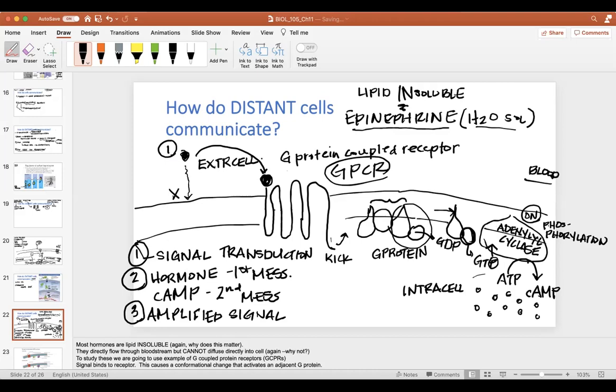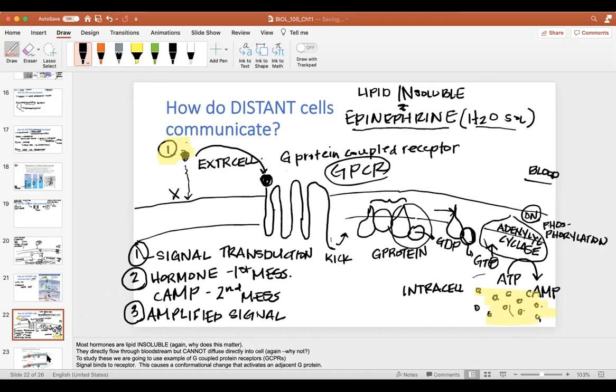But once this enzyme gets turned on, it starts pumping out cyclic AMP, and we get lots and lots of cyclic AMP molecules for just one hormone input molecule, okay? So we've got one hormone input, but we end up with multiple cyclic AMP outputs. So we have amplified the signal.